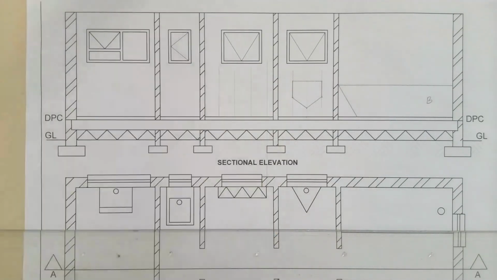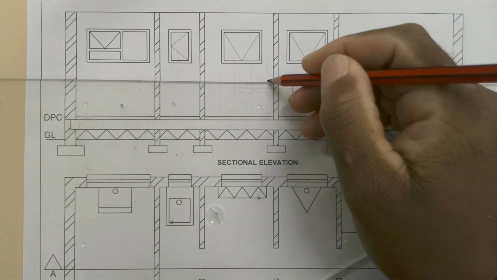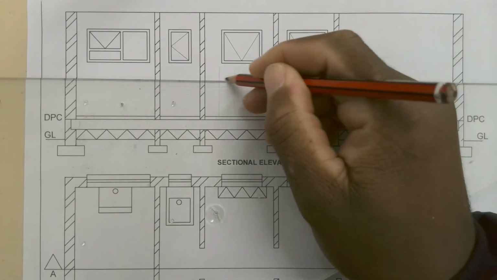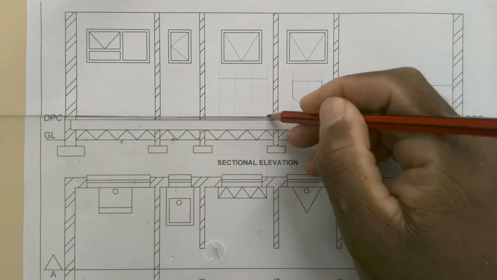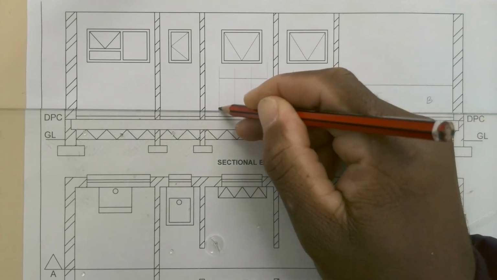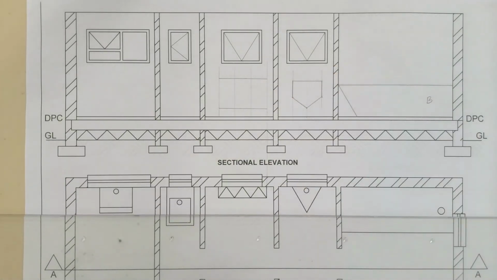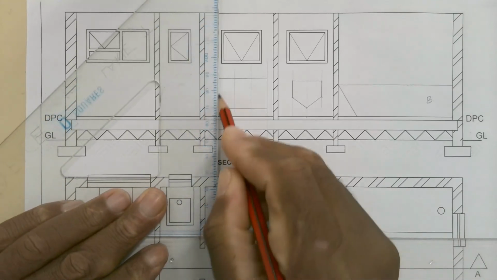Now again, height will be given to you. So assuming that this is your height, and this here, we draw a line over there. All right, and then we draw these vertical lines.